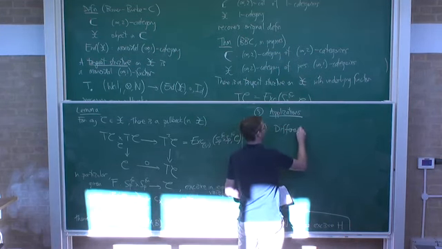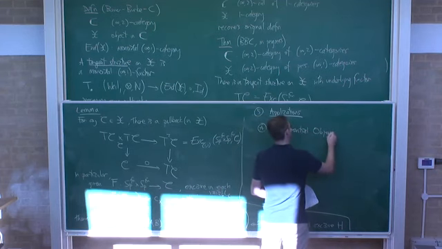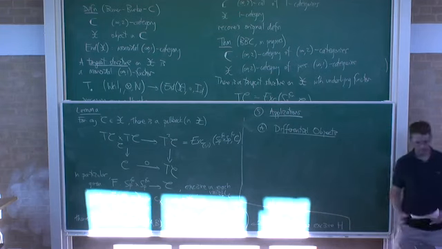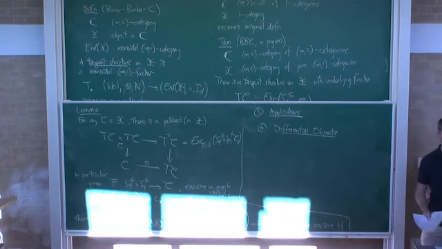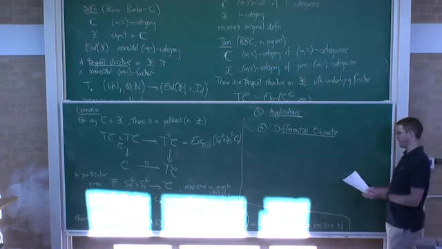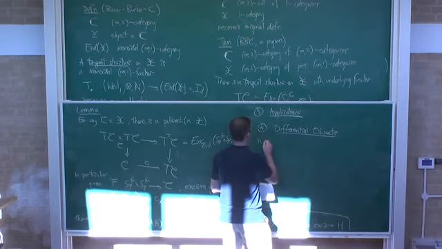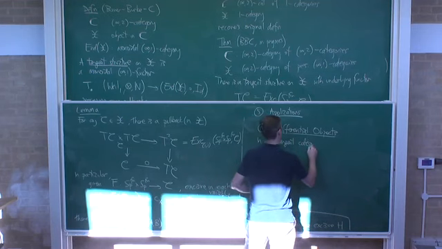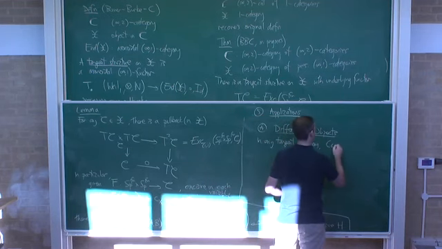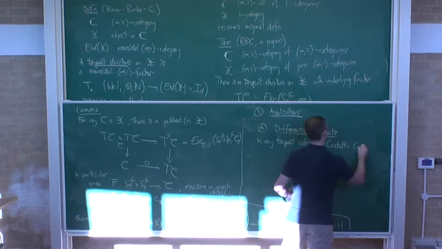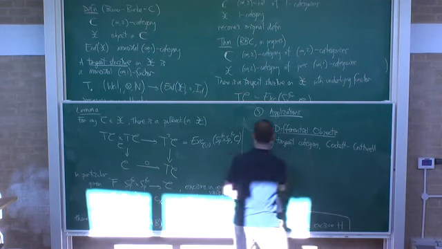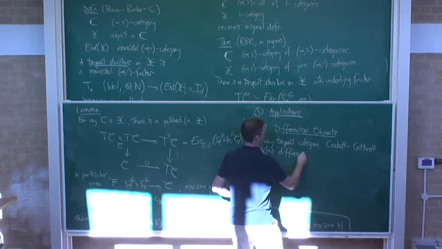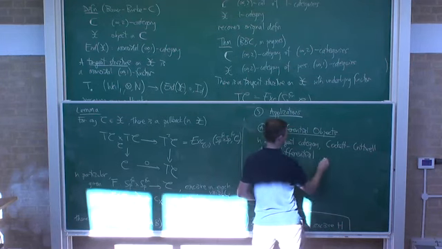The first one is what's called differential objects. This is something that Cockett and Cruttwell define in any tangent category. In any tangent category, Cockett and Cruttwell define differential objects, and these are the analogues of vector spaces.